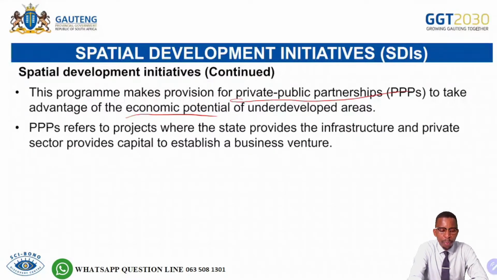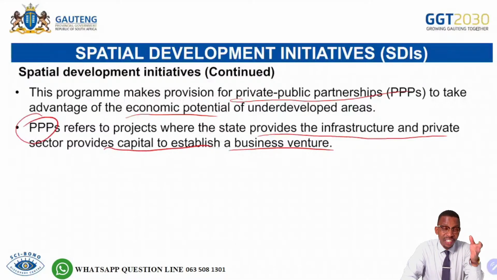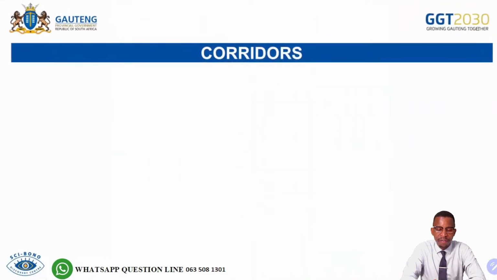Triple Ps, or public-private partnerships, refer to projects where the state provides infrastructure and the private sector provides capital to establish the business venture. So the government will provide funding for infrastructure development, and then the business will come on board and get the funding in the form of a tender, and improve that infrastructure, bringing its own capital to produce or to improve that particular infrastructure.